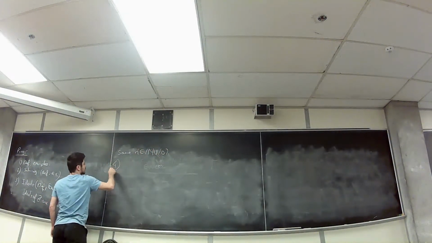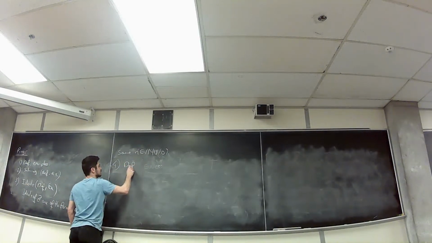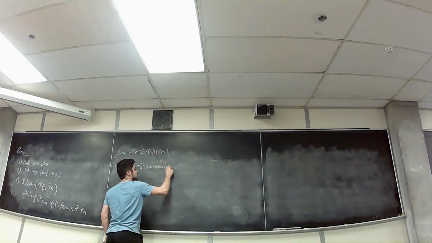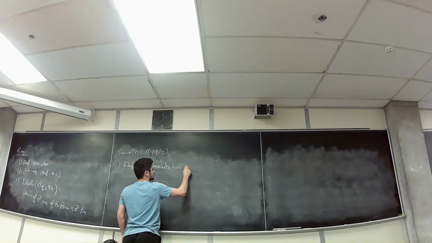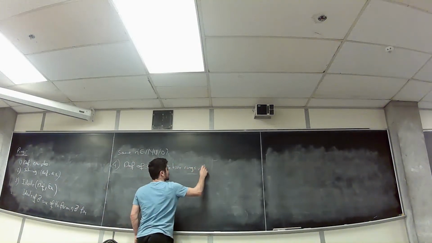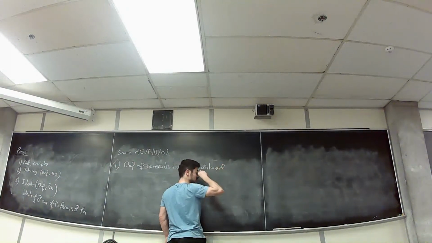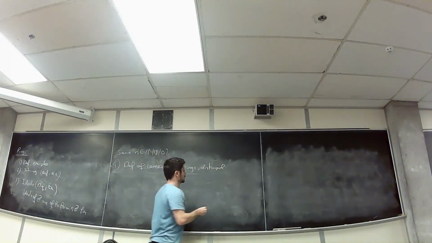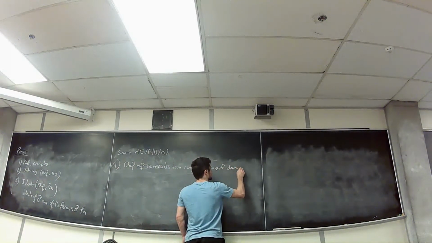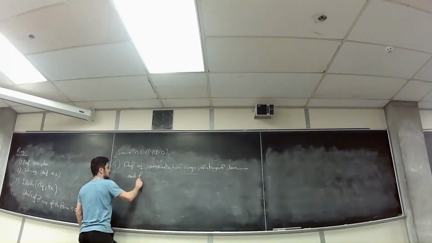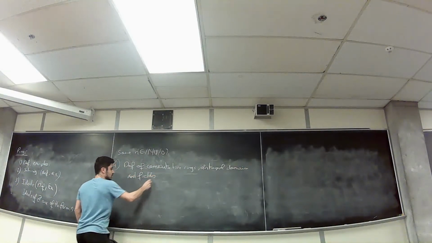Then what do we have? Definition of unit rings. Domain, integral domains. Okay.